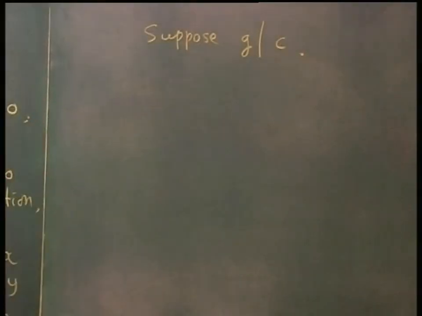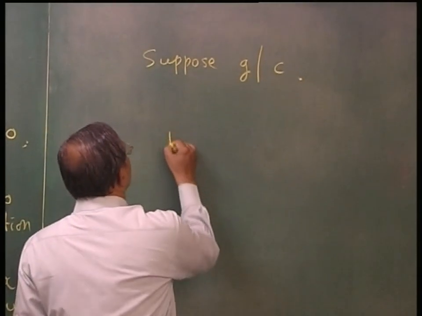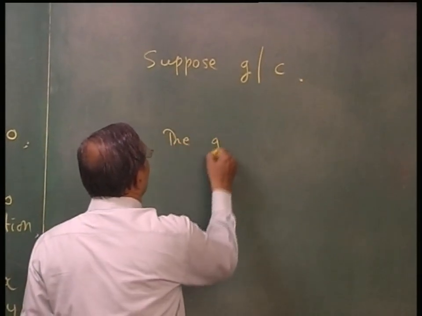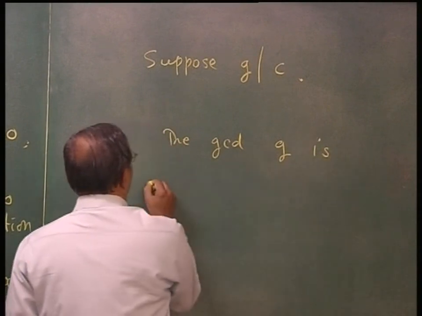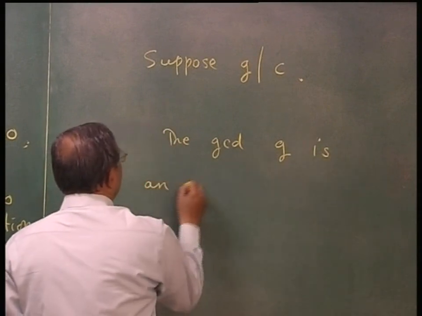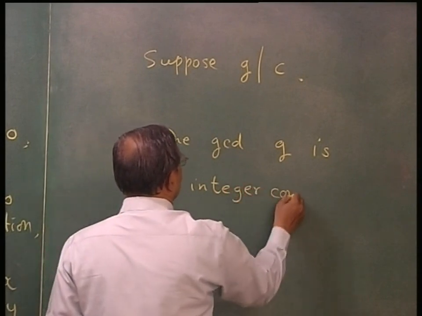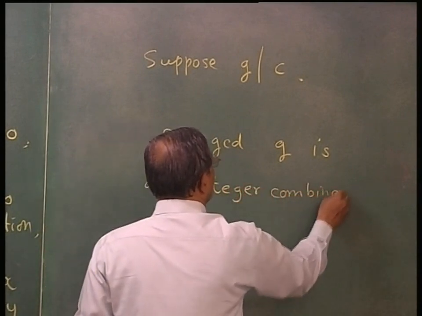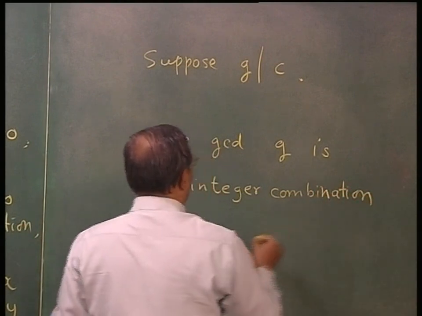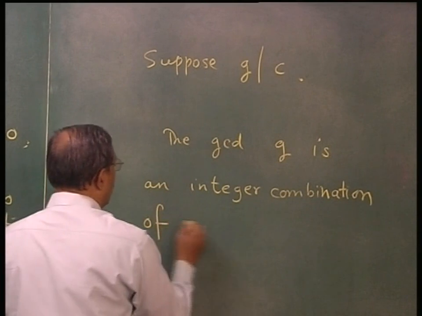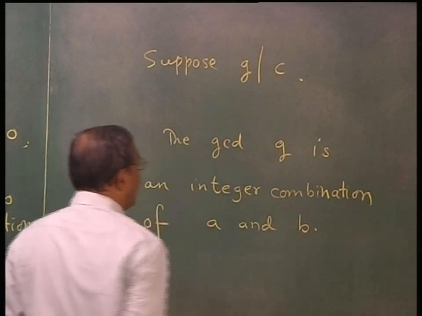Suppose G divides C. The GCD G is an integer combination of A and B.